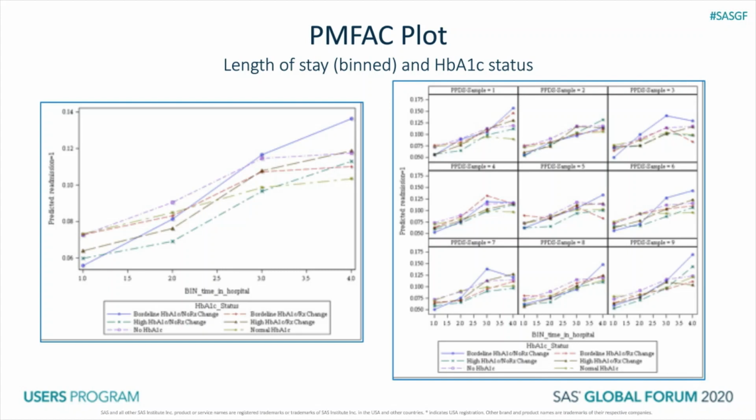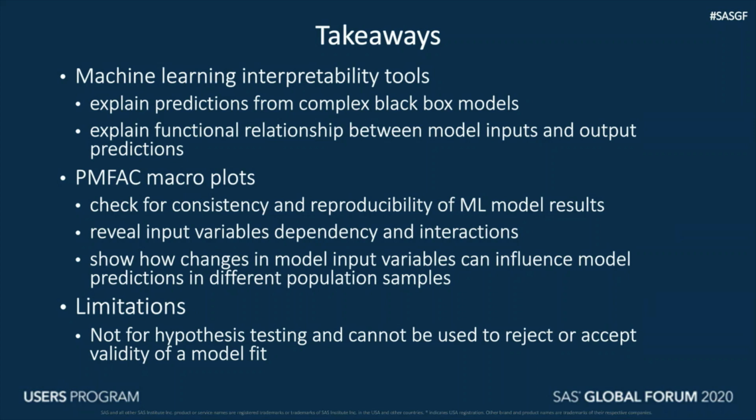So what are the takeaways? I've gone through the different interpretability tools that can be used to explain predictions generated from machine learning algorithms, whether it's a black box model or a white box model. These tools allow you to explain predictions and also to examine the functional relationship between model inputs and output predictions.